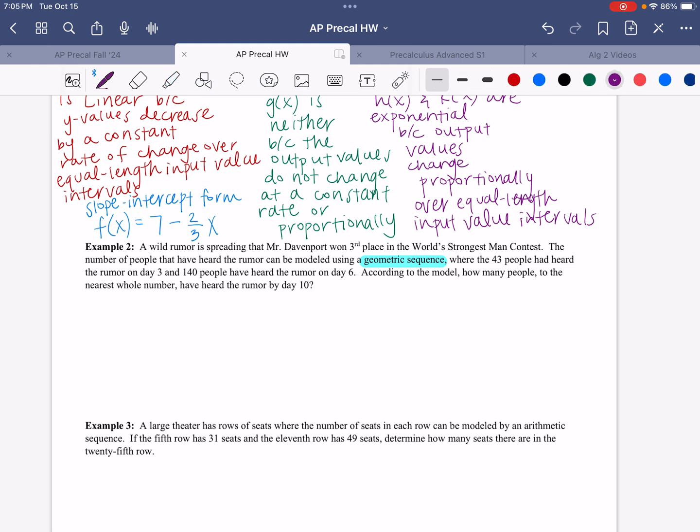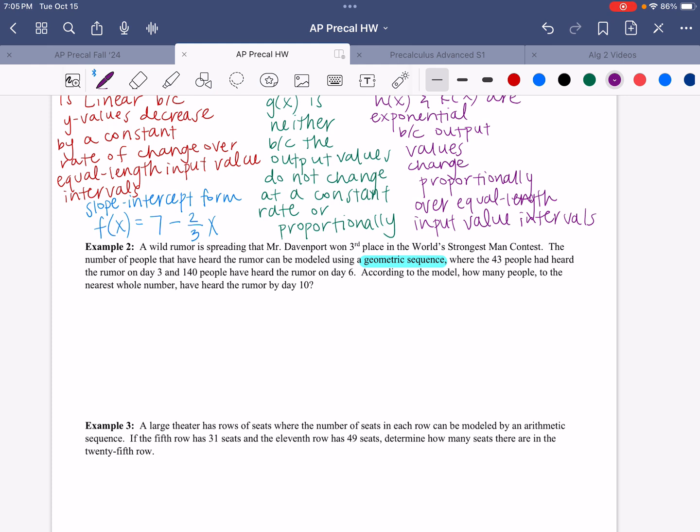So let's go ahead and look and see what we've been given. Instead of giving us specific term numbers, it's saying that each day we have a different amount of people that have heard the rumor. So if we want to think of these as ordered pairs, or as an input and an output, we could say it's geometric.